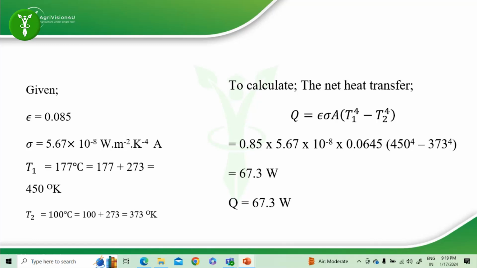Let me know if everybody has got the answer. Ma'am, the epsilon you are using in the formula is 0.085 instead of 0.85 now. Okay, fine, we will correct it. My answer is coming out to be 6.73. You're getting the value then?